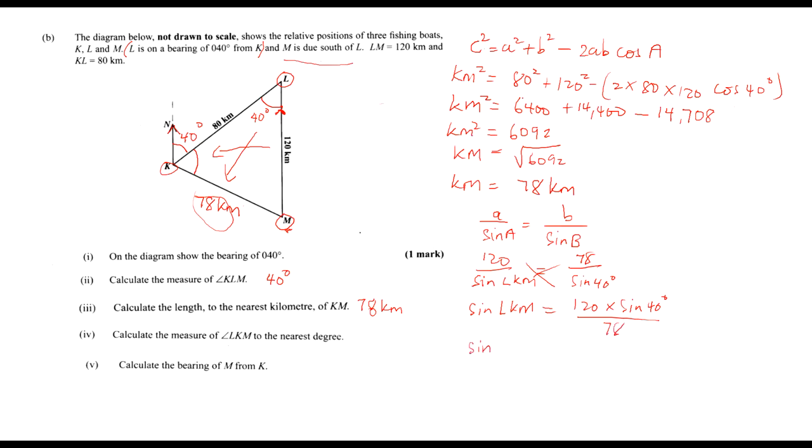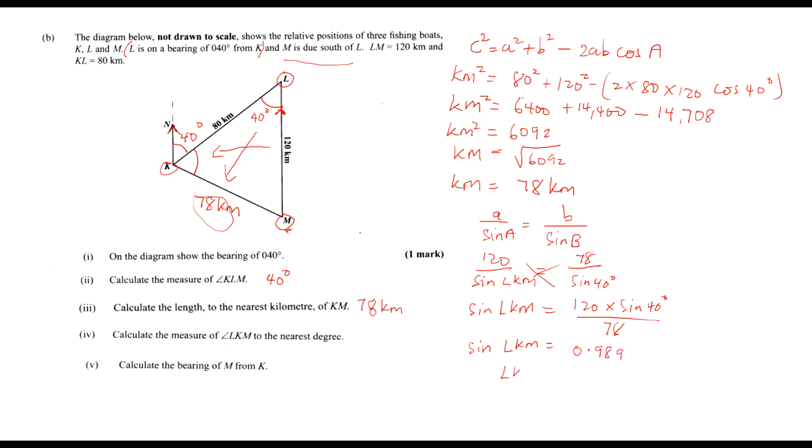So sine LKM is equal to 120 multiplied by sine 40 divided by 78, and that gives me 0.989.